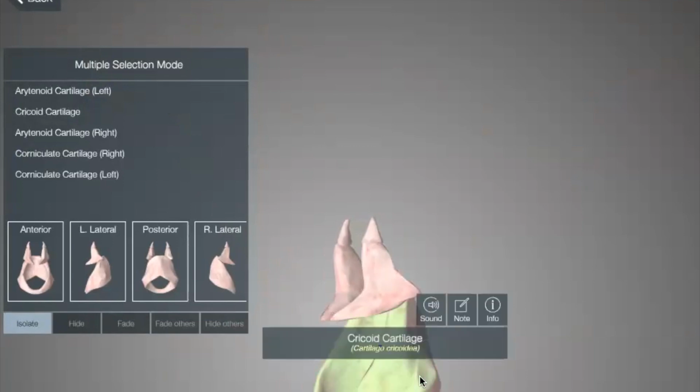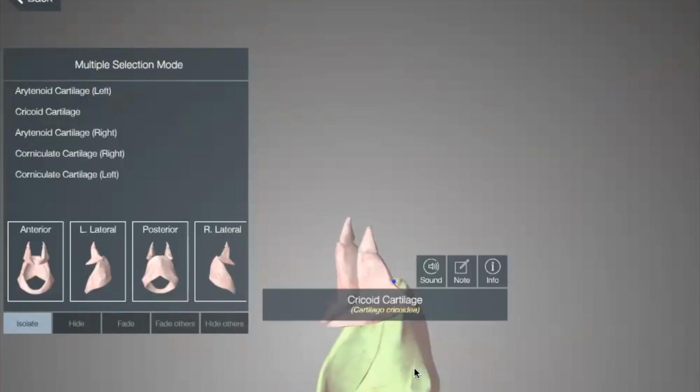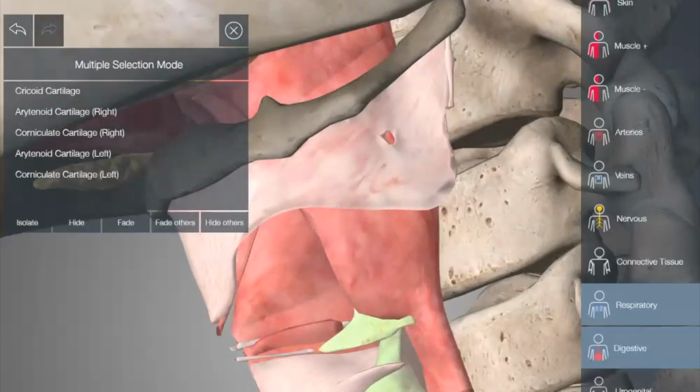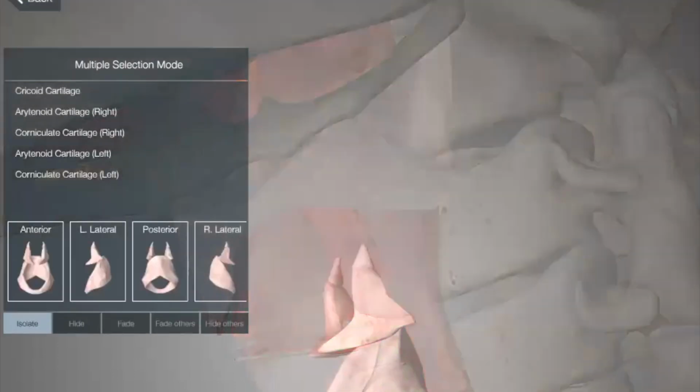Here, see this part here, you can see this is where the inferior horns of the thyroid cartilage attaches, and I can select it. How can I do it? But you get the idea. It was here, and you could see that the superior horns attached to the hyoid bone by the lateral ligament, and then the inferior one attached here. So that's what they're trying to say. Okay.